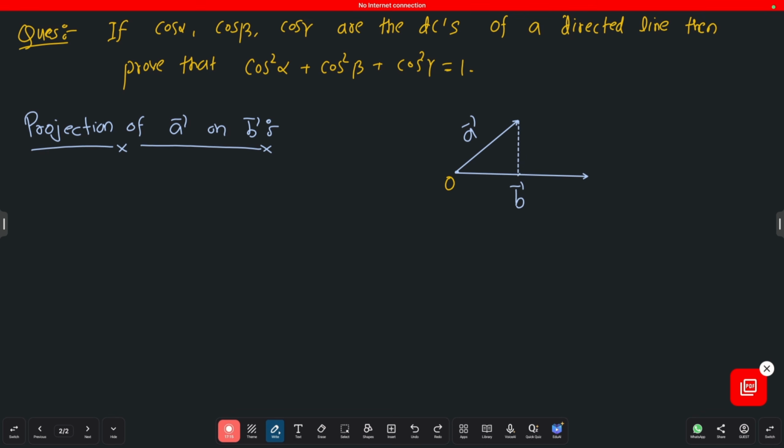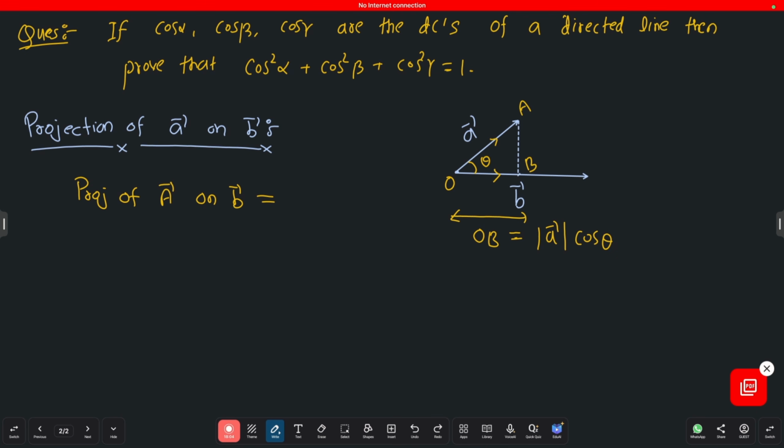Suppose this is O, capital A and capital B. So this OB length is called scalar projection. OB will be given by mod A cos theta, where theta is the angle between A vector and B vector.